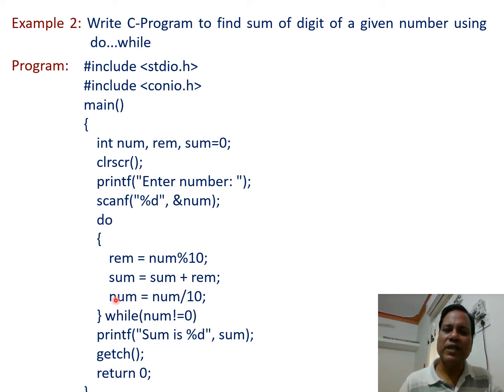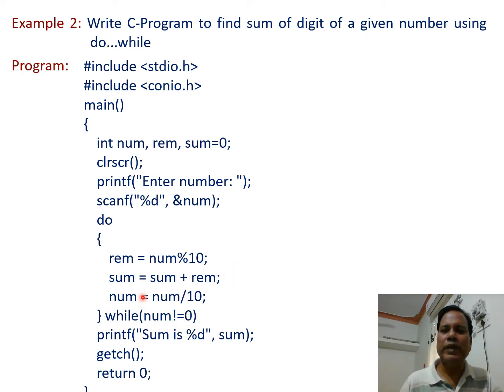So this obtained number is tested in the while condition, number is not equal to 0. When the condition is true, then again the body of the do while loop is executed and we get the second last digit of the obtained number.